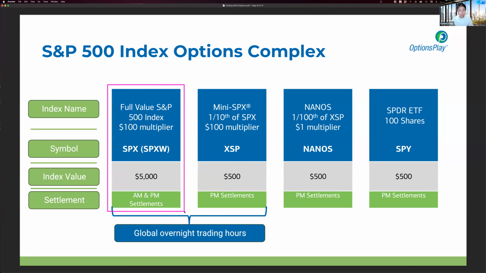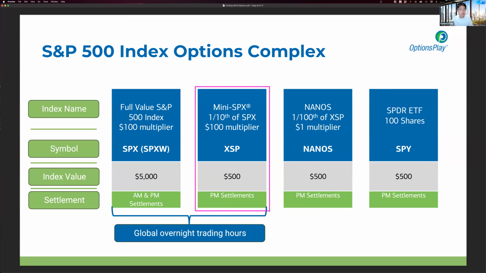But both SPX and XSP, which was built to deal with the size of SPX, are fairly liquid and offer the same benefits.